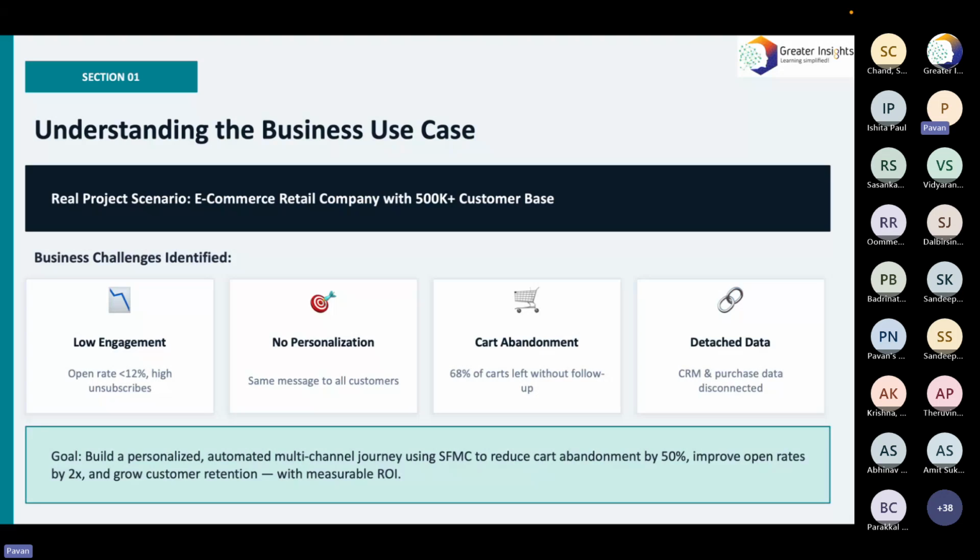Right. So a business is somebody who has a product or a service, or any company or any client, and they are trying to make their business better. They're trying to sell a product or a service. So now what exactly is a use case?